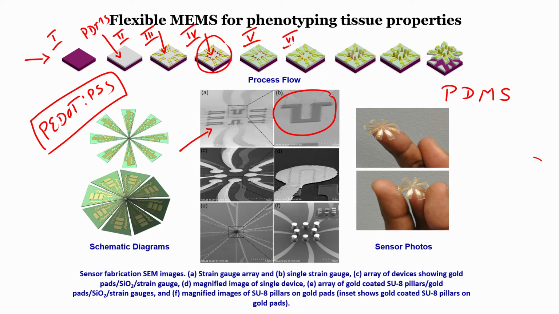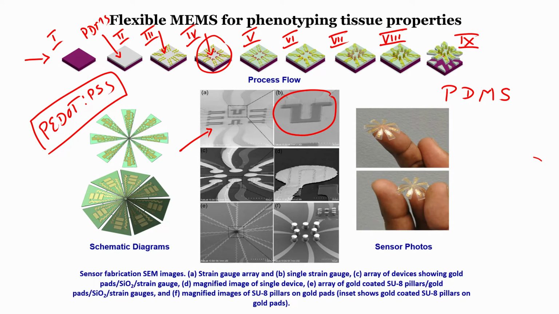Sixth step is to open the contact pads and to deposit a gold pad. Seventh step is to form the SU8 pillars, and then eighth step is to coat the SU8 pillar tip with gold, and ninth step would be to strip the PDMS from the substrate.